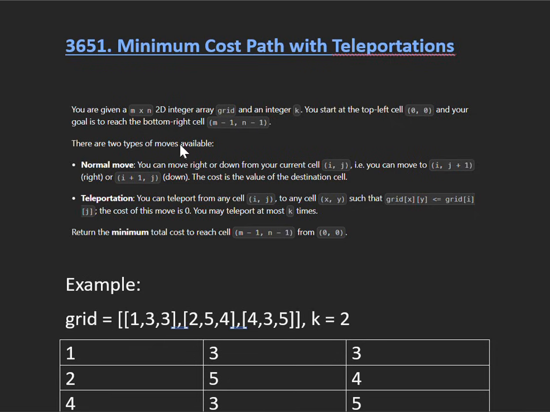One is the normal move, that is from any cell i comma j we can either move to the right, that is i comma j plus 1, or to the down cell, that is i plus 1 comma j. The cost of that movement is the value of the destination cell.